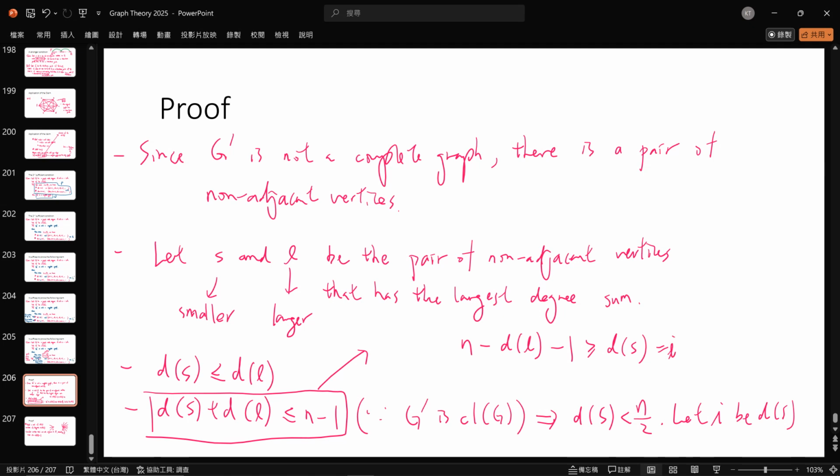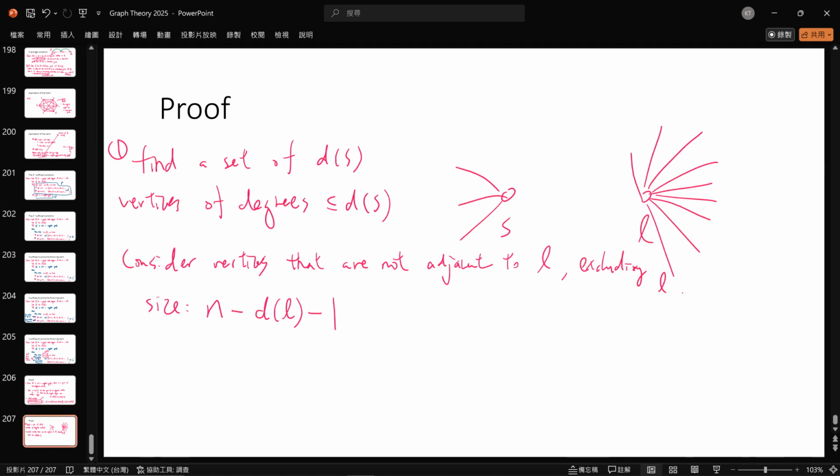So the size is at least I. And the degree: I claim that these vertices have degree at most ds.